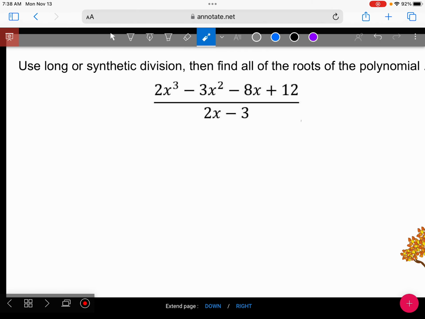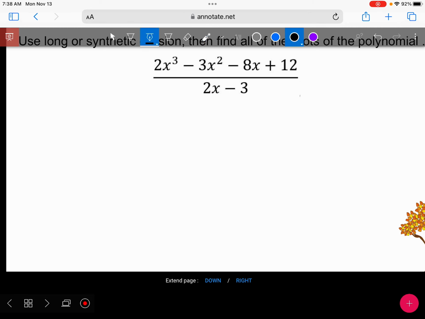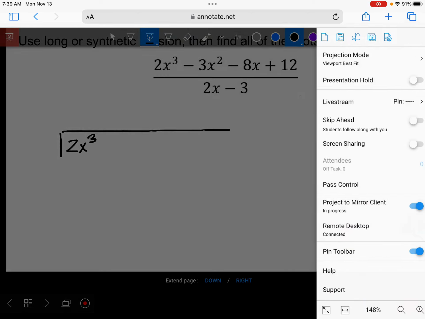However, my instinct, whenever I have something that gives me a fraction as a root, or basically whenever I have a number in front of my x, I'm going to do it with long division, just so we can remember how to do that. So I'm going to set this up old school with my 2x cubed.